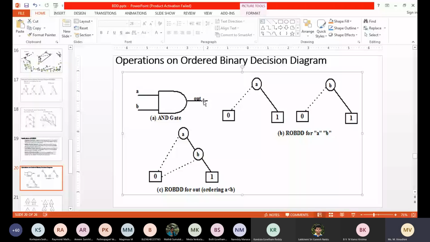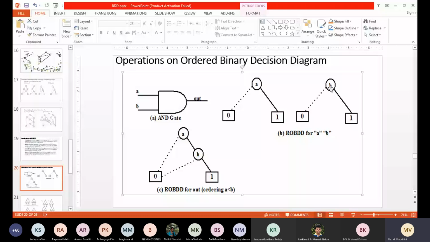If A is 1, the output depends upon B. But here, if A is 1, we are assuming that B is also 1 and considering the output as 1. The same case with B. No, sorry, I have explained it in a wrong way.